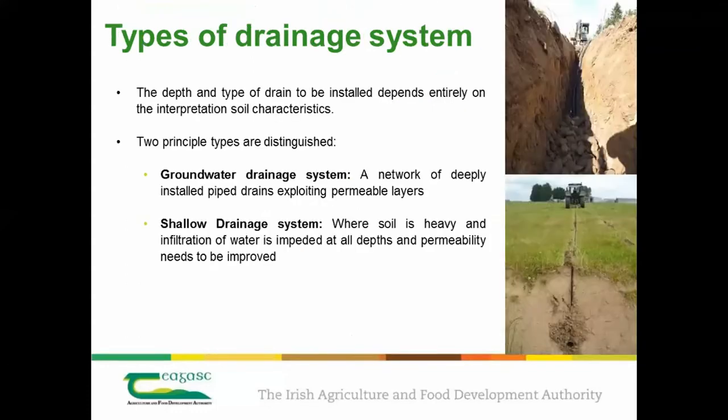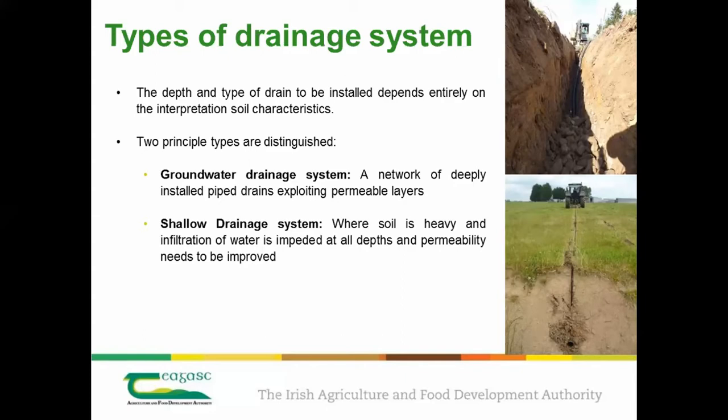And for today's purposes, I don't need to go into this in too much detail, but suffice to say there are different drainage systems developed that can be used in different soil types. There's two broad types of drainage scheme that are used, and these depend on the particular soil type that you're dealing with.